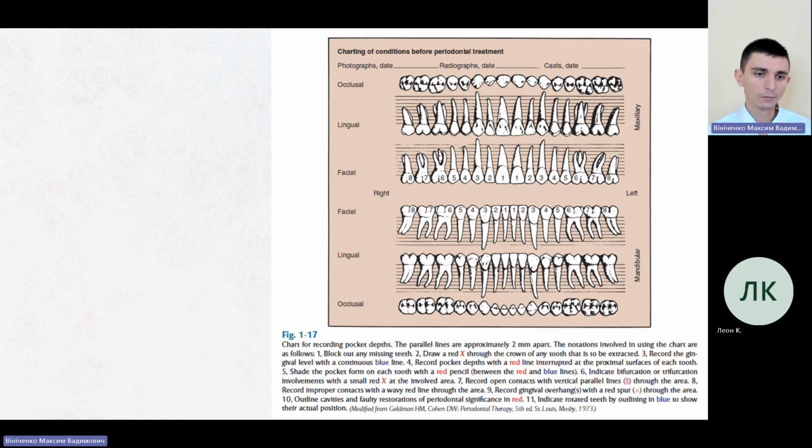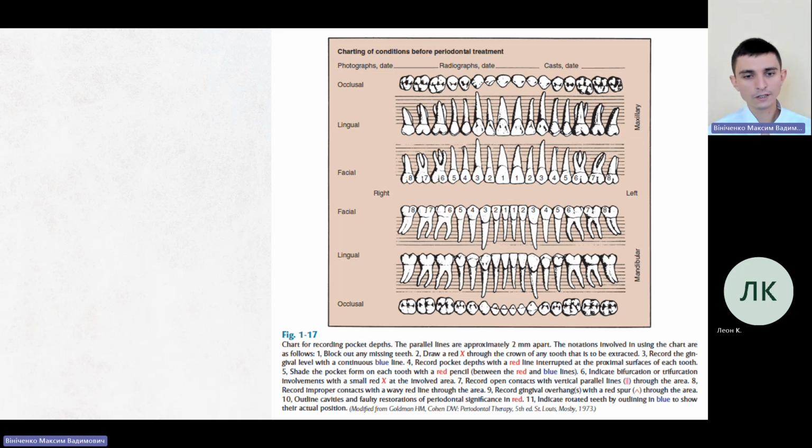Block out any missing teeth, draw a red X through the crown of any tooth that is to be extracted, record the gingival level with a continuous blue line, record pocket depth with a red line interrupted at the proximal surfaces of each tooth, shade the pocket formed on each tooth with a red pencil between the red and blue lines, and indicate bifurcation or trifurcation involvements with a small red X at the involved areas.